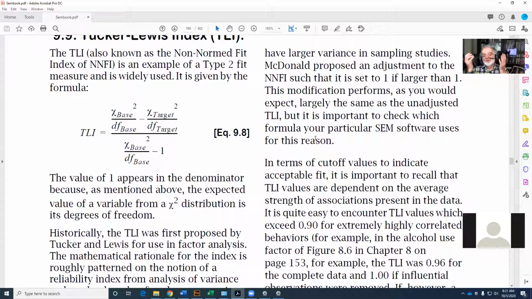Well, so I've got this thing that goes from 0 to 1. And how should I interpret it? If you go out to articles, like Peter Bentler or Roderick McDonald, you'll need a TLI of at least 0.95 to indicate good model fit. But it depends a lot on what kinds of questions you're asking and how internally consistent they are.